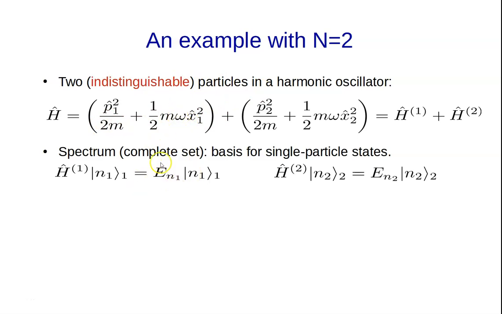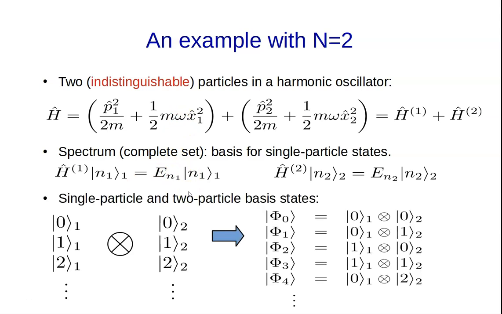Same harmonic oscillator, so these energy sets are the same. And we can use the single particle basis to construct the two particle basis states, right? As we mentioned before, the first step is to produce these states, which are essentially the tensor products between kets of particle 1 and particle 2.